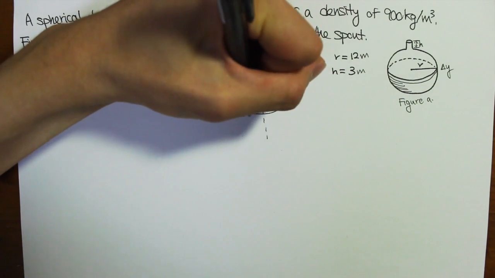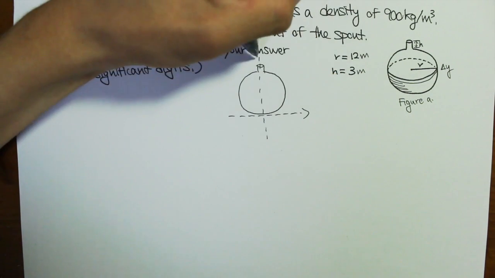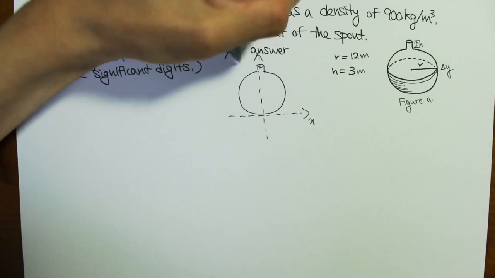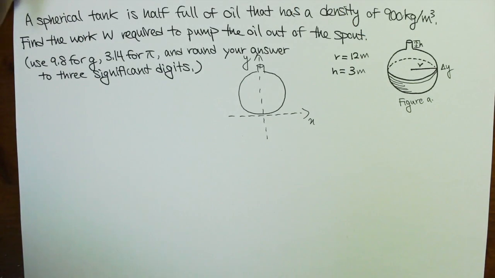We draw the tank in a 2D version and place it on a Cartesian plane, on the x and y axis. The bottom of the tank would lie at the origin of the plane. If this were a solid of revolution, the rotational axis of this figure would be the y-axis.